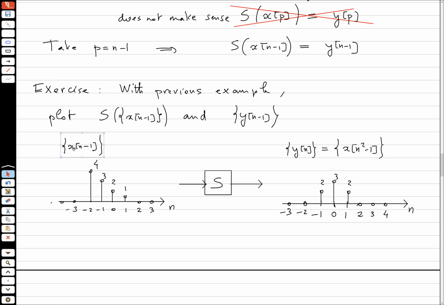I'm going to call it x prime of n. All right, so this is shifted by 1 to the right.